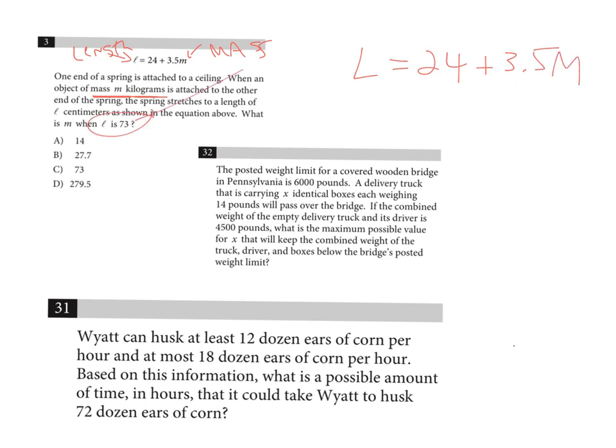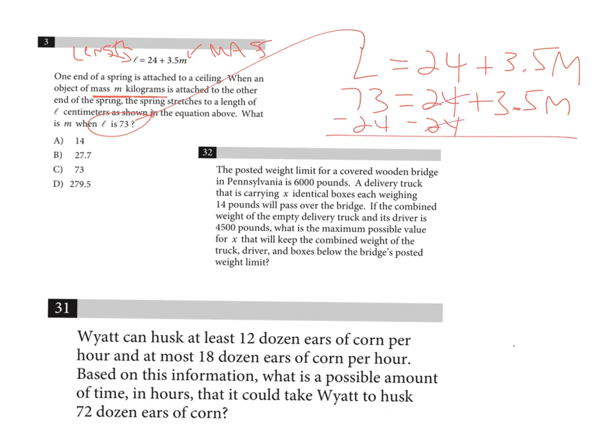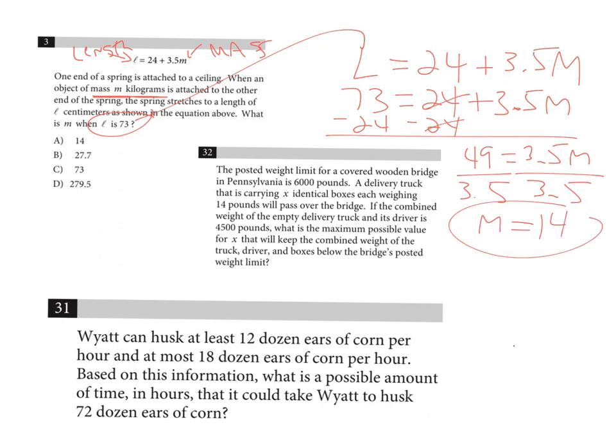So here we're going to plug in L is equal to 73. So I have 73 equals 24 plus 3.5 m. Here we'll subtract 24 on both sides. So we'll get 49 equals 3.5 m. And then we'll divide both sides by 3.5. So here m is going to be equal to 14, or answer choice A.